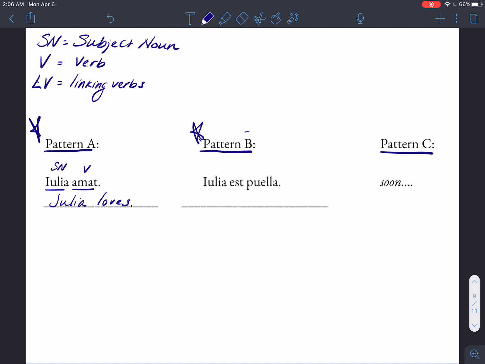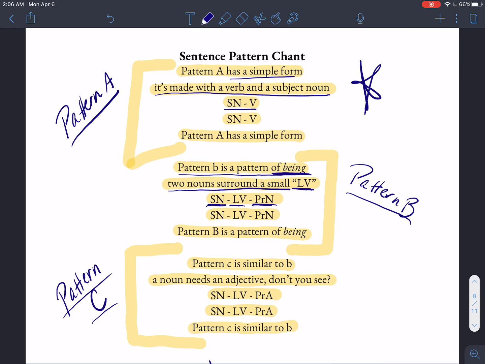And what does PRN stand for? PRN stands for the predicate nominative. Oh, so lovely. Yes, fantastic. So that's our little guide up in the corner. Now remember, our pattern is SNLVPRN.